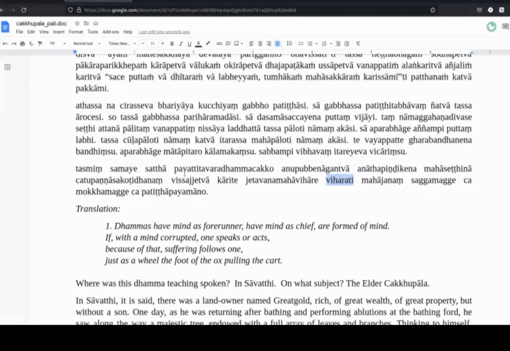Viharati is a third person singular, 1-1. He was dwelling. It's present. He is dwelling. Right? This is Vattamana, but it means he was dwelling. In Jetavana Mahavihara, and this is an adjective of Jetavana Mahavihara. And then the rest of this is very hard. Just a second.